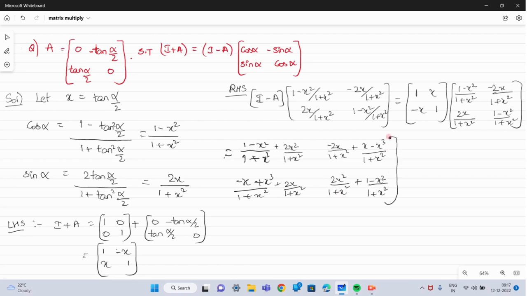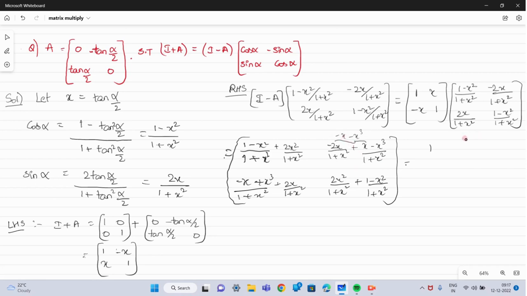Now just take the LCM and solve it. You'll get 1 plus x square over 1 plus x square, which is 1. Next, minus 2x plus x becomes minus x, and the remaining is minus x cube. Now take minus x common. Inside, 1 plus x square will remain.